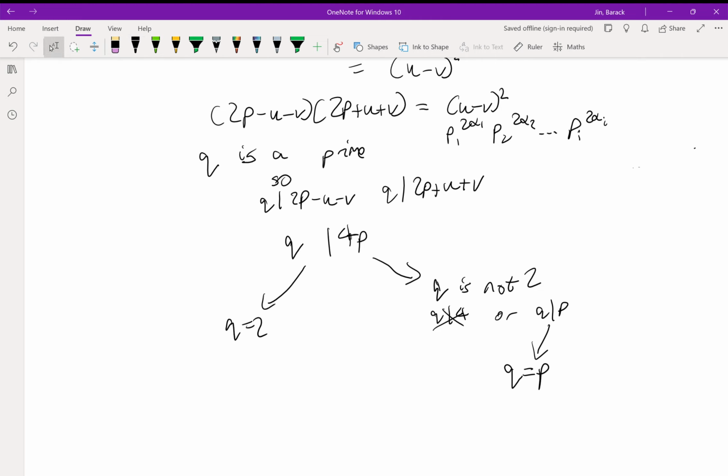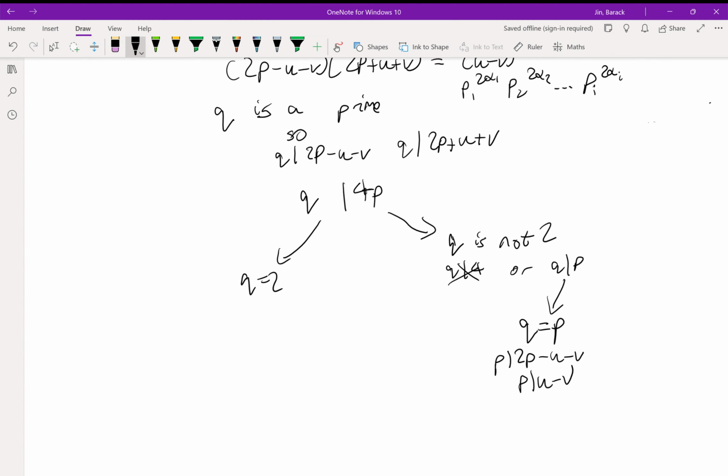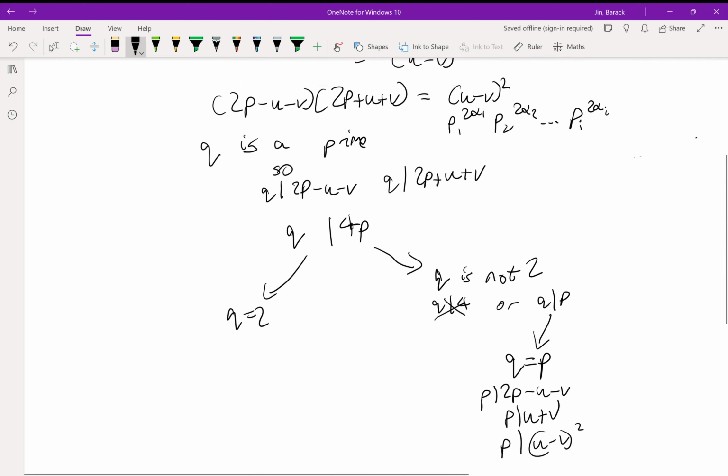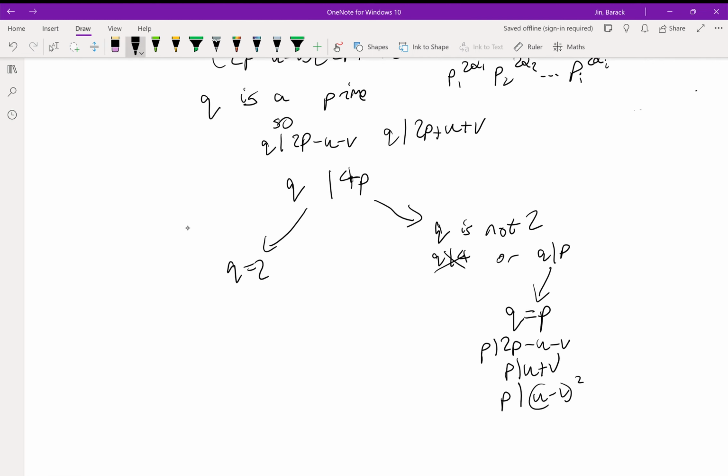And with that, we have p divides 2p minus u minus v, so p divides u plus v, and p also divides u minus v squared from up here, and so p divides u minus v because the primes are still the same.